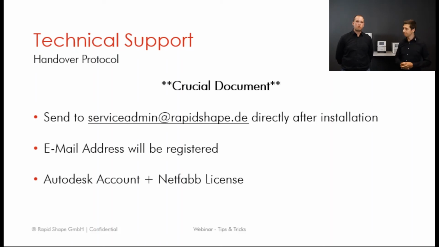And how it works is, like we said, we receive the handover protocol, we then contact Autodesk regarding the contact information of the end user. Autodesk then supplies an email to this main user, asking that user to register with Autodesk.